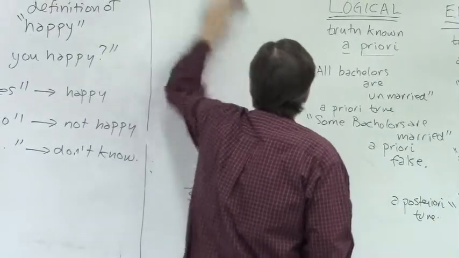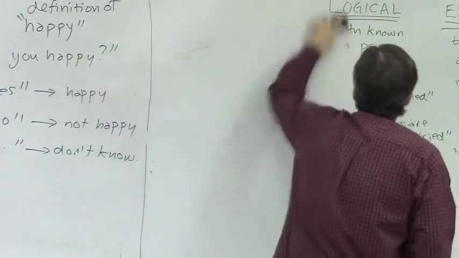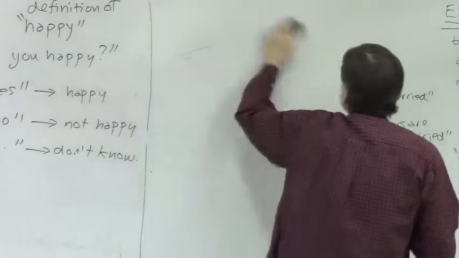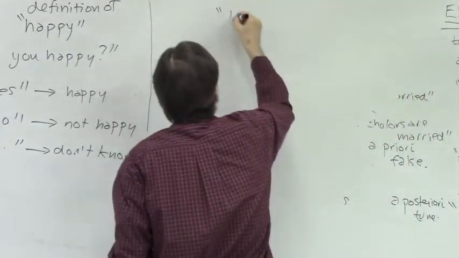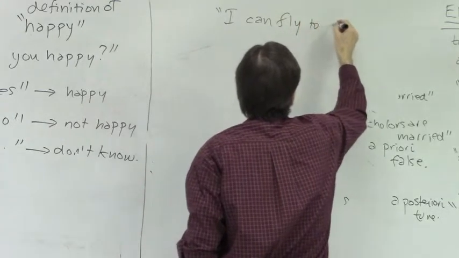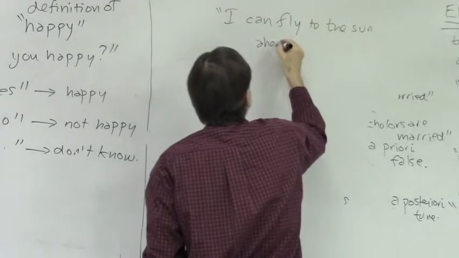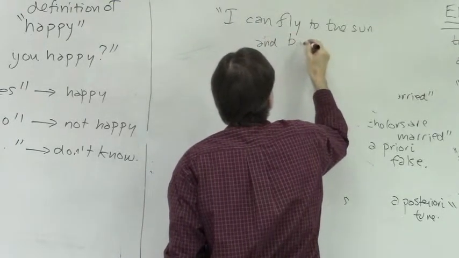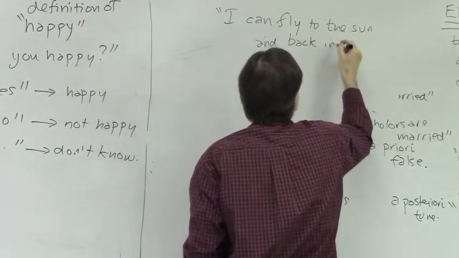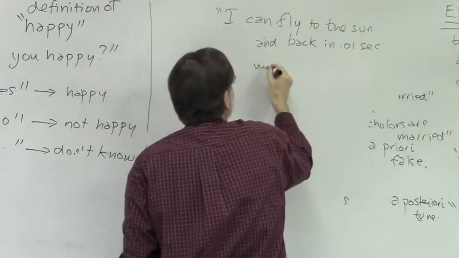Okay, let's take an example here and see if you can figure out which type of statement it is. Suppose I said, I can fly to the sun and back in 0.01 seconds without a spaceship.